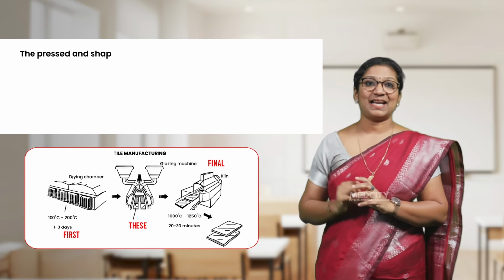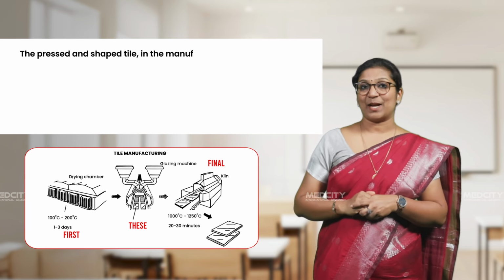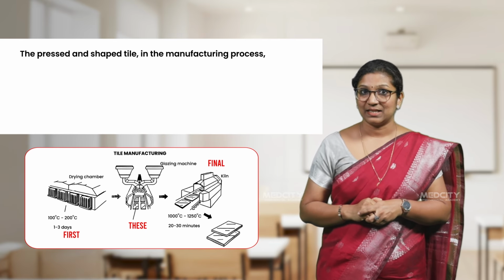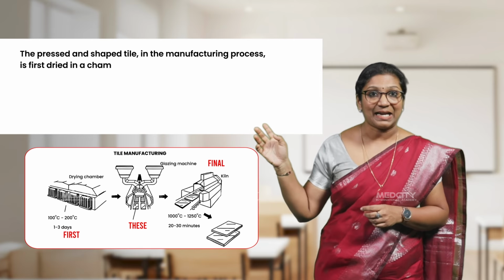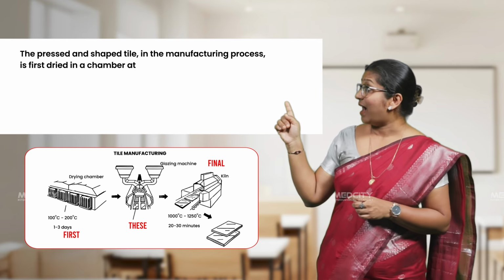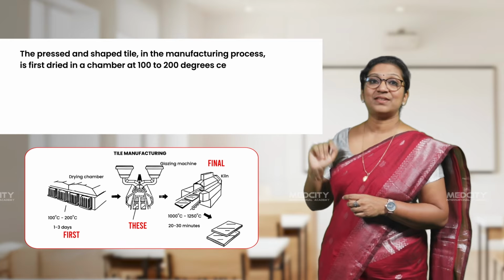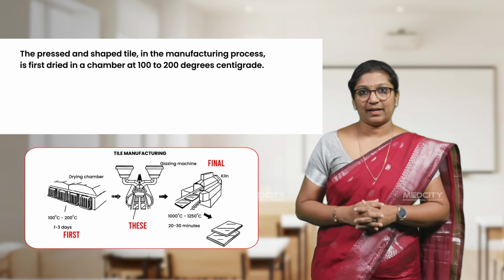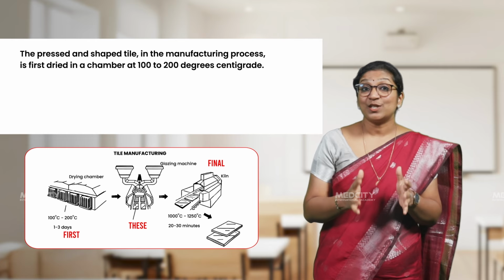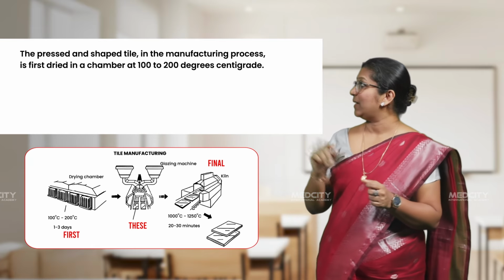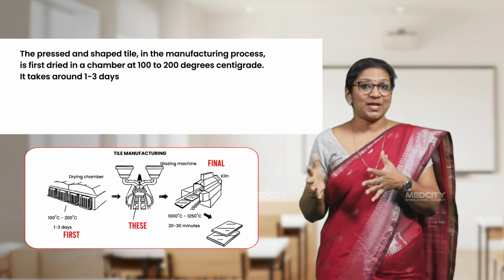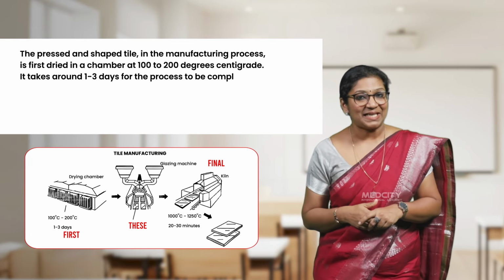The pressed and shaped tiles in the manufacturing process are first dried in a chamber at 100 to 200 degrees centigrade. Now because the duration is given, we write a sentence saying it takes around 1 to 3 days for the process to be complete.